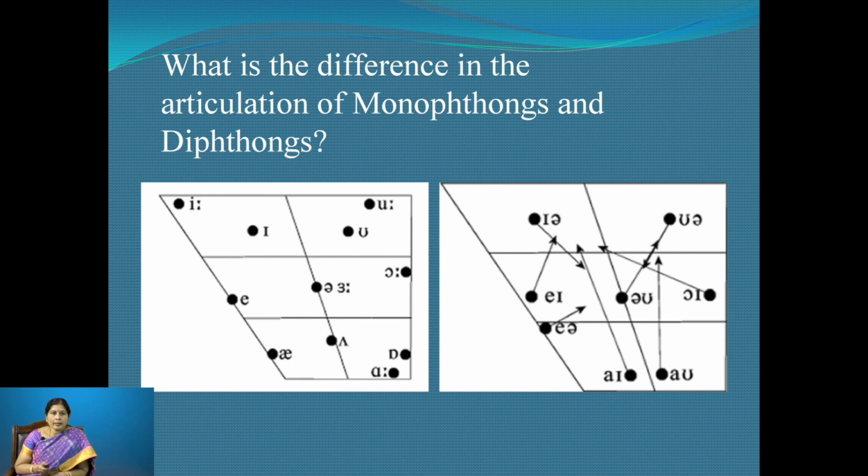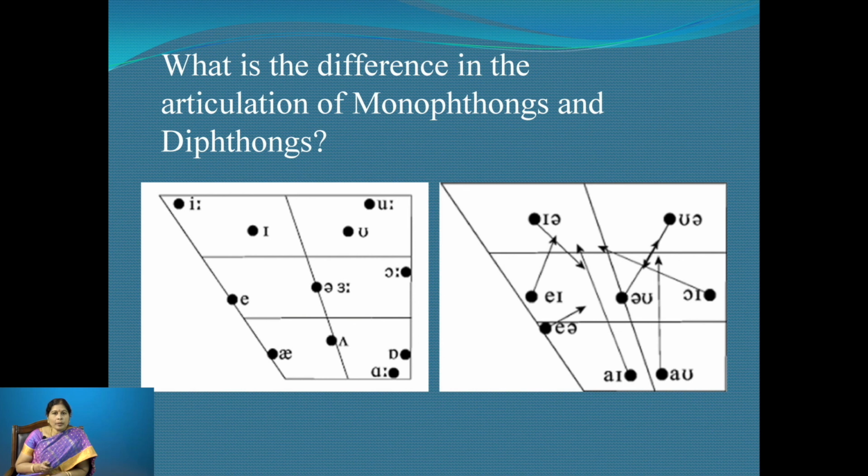It is starting at the E position and moving towards the central position. In the same way, the arrow indicates the movement to the central position. So diphthongs occur when they move from one position to another position. The glide takes place.